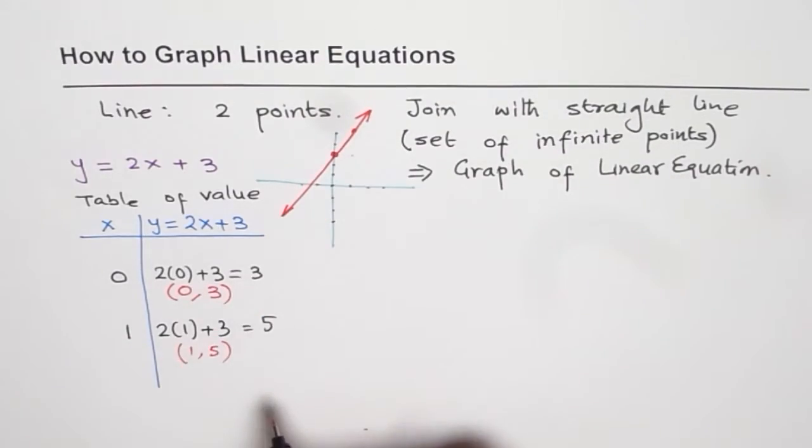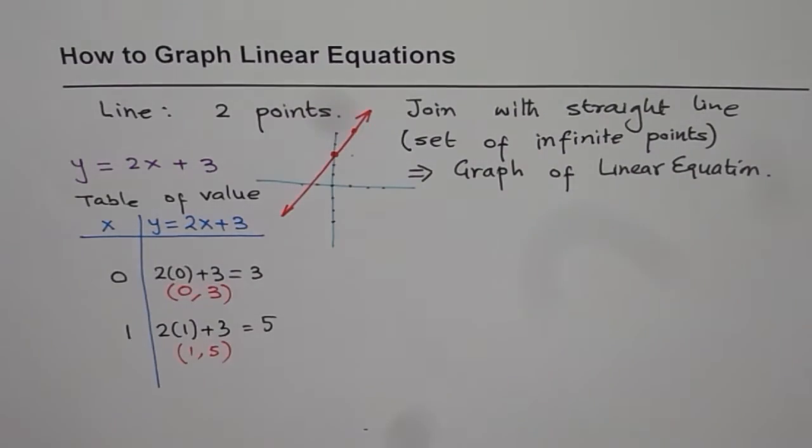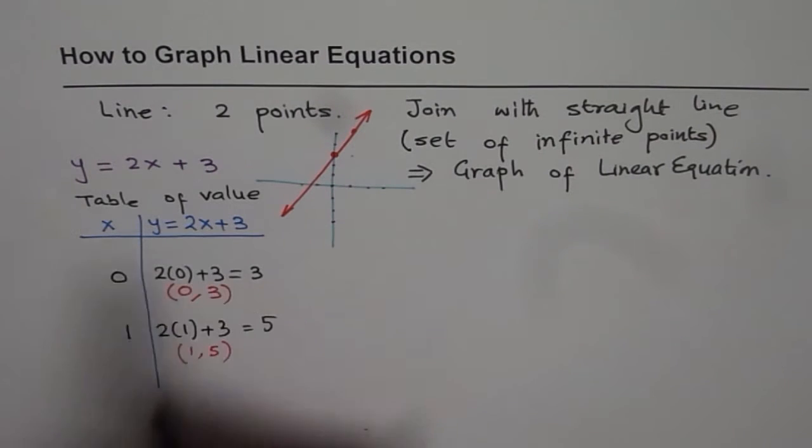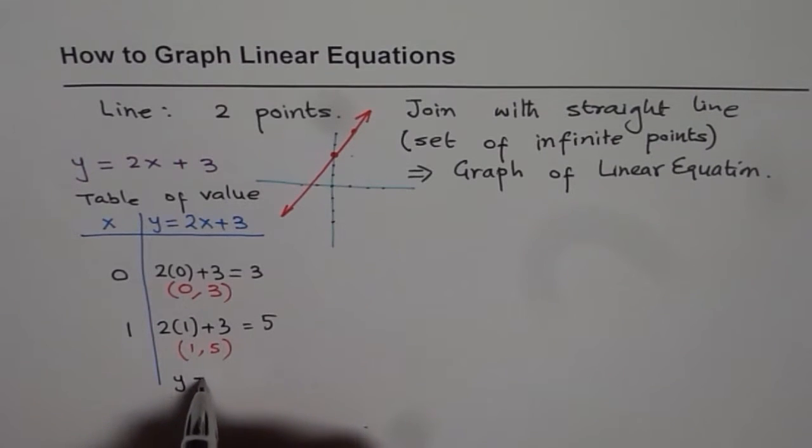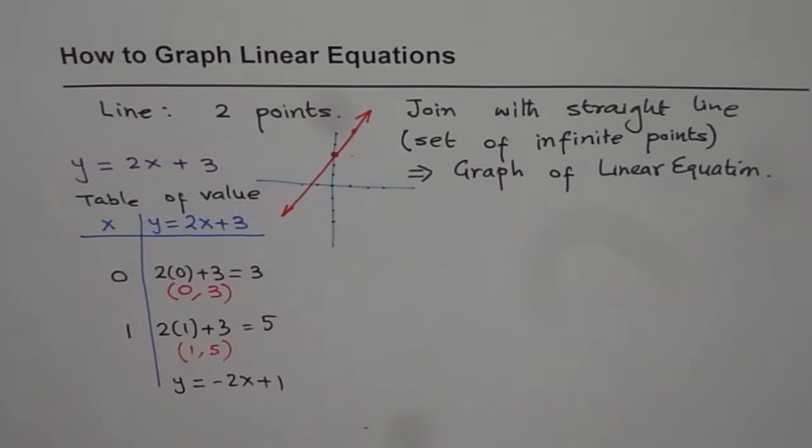This line represents our equation, and we have drawn this line with the help of a table of values, and that is the first method which we are discussing, right? As a practice, you can take a few examples and say, well, what is the line for y equals minus 2x plus 1? So you can make a table of values and graph the line.